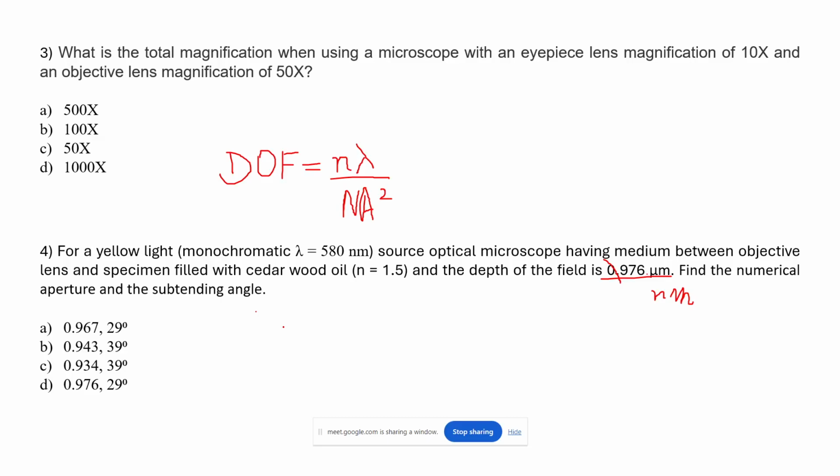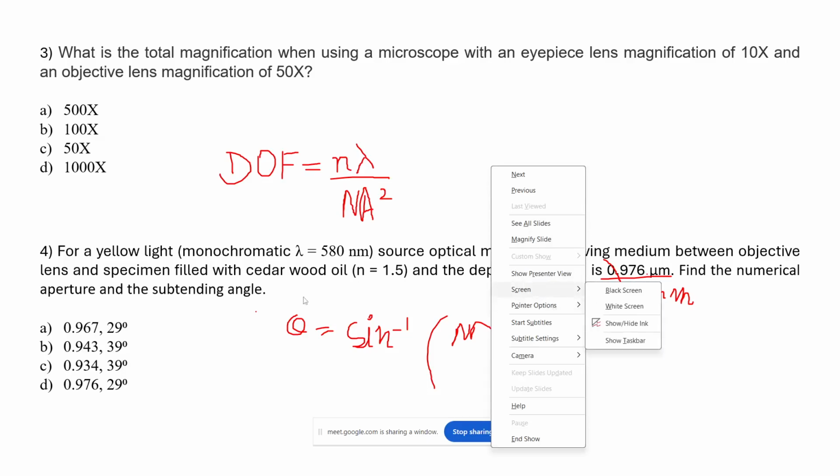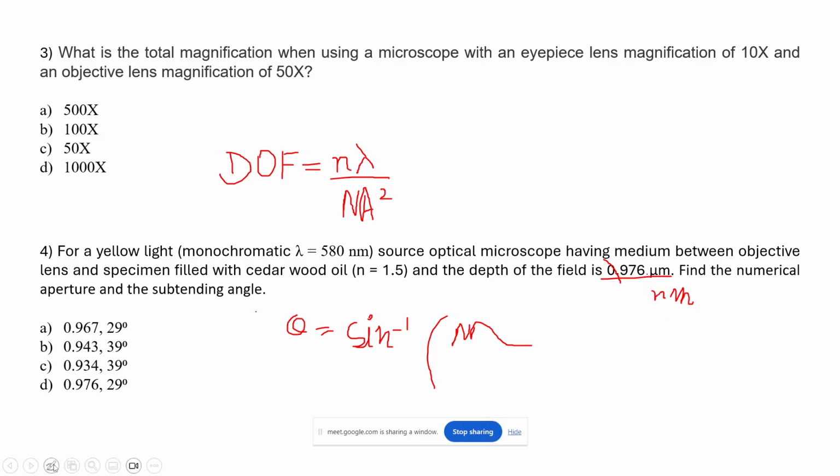The subtending angle can be calculated using the resolution formula, where we have sine theta value, and then we can find theta. Theta will basically be the sine inverse of the numerical aperture divided by n.